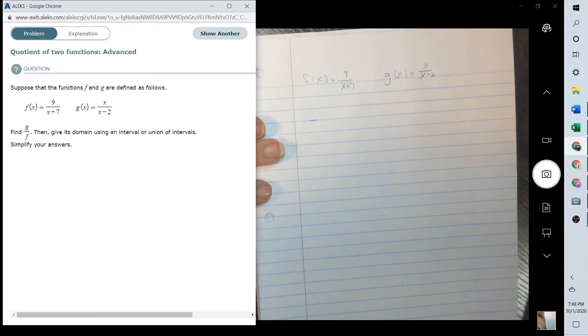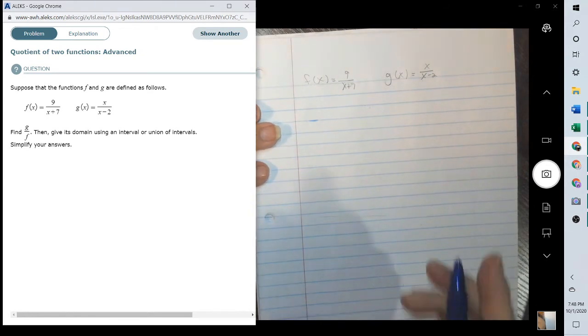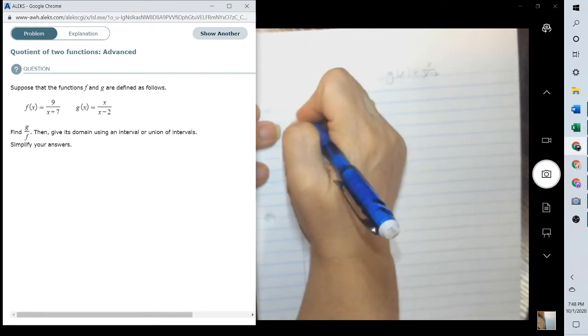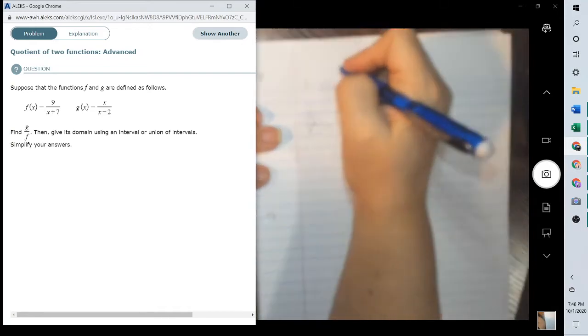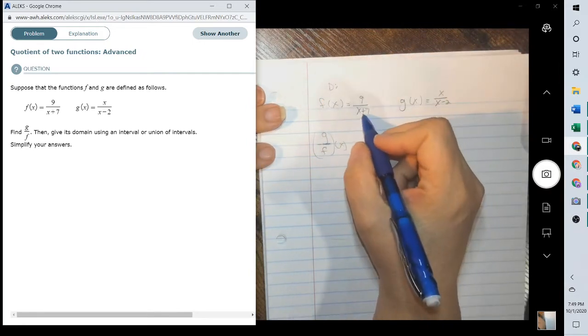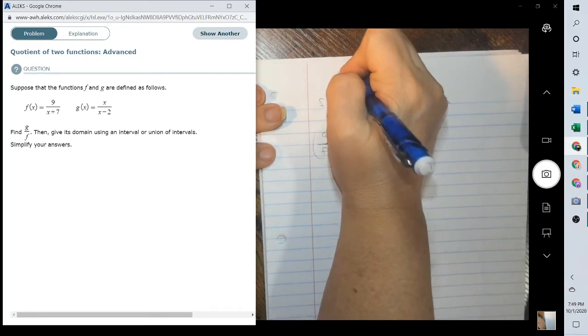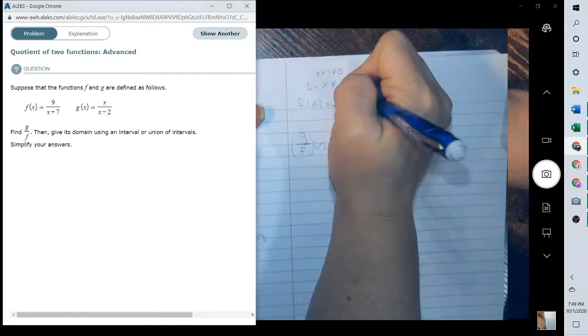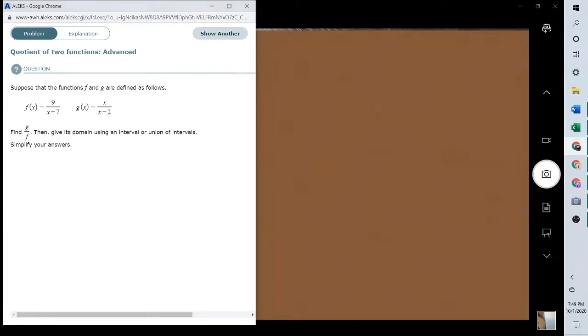And we want to find g over f, or g divided by f, and then state the domain. So if we look at this one, x plus 7 cannot equal 0. We know x cannot equal negative 7. Subtract the 7 to the other side.